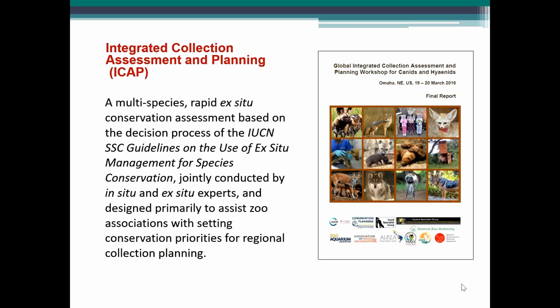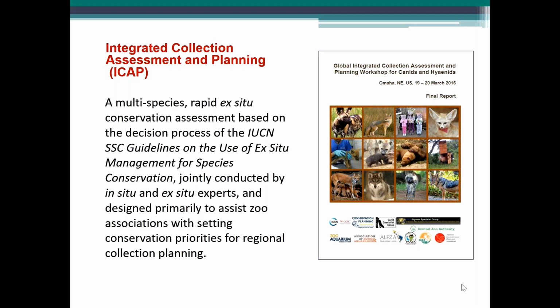And taking that idea to an extreme is a new process that we call ICAP. It's the Integrated Collection, Assessment, and Planning process. CPSG developed this process jointly with regional zoo associations, primarily EAZA in Europe, AZA in North America, and ZAA in Australasia.